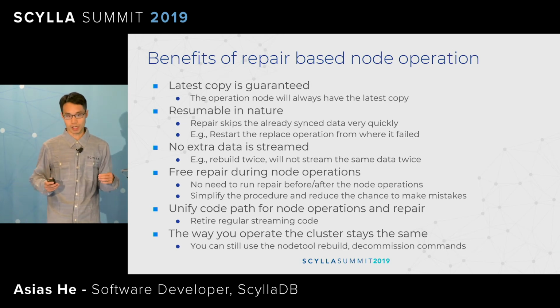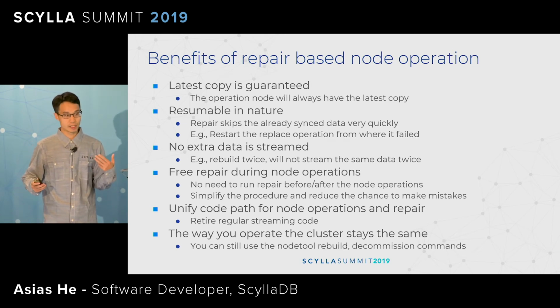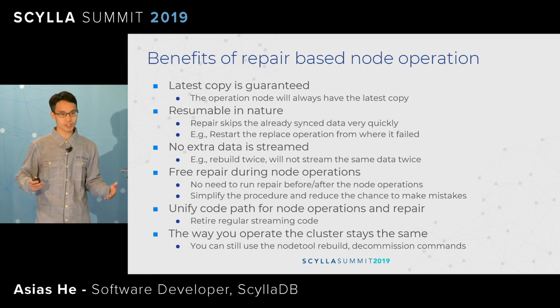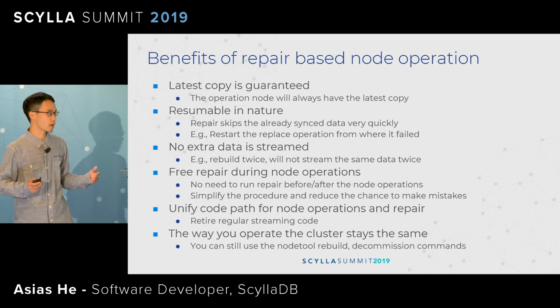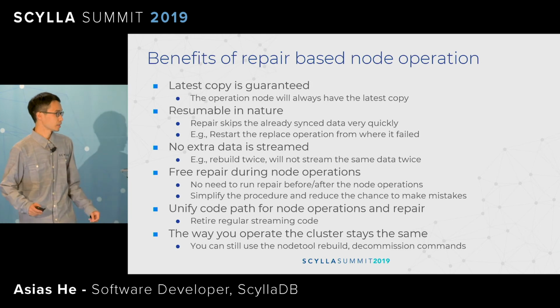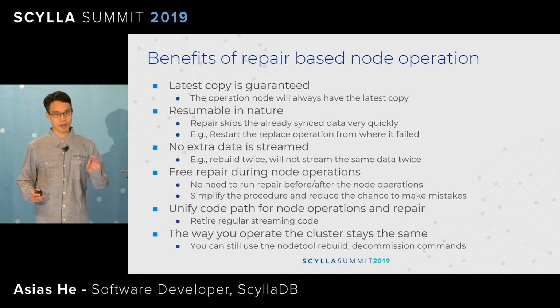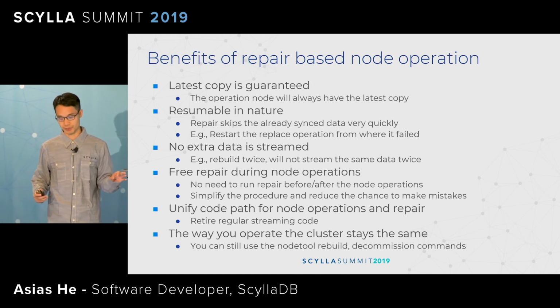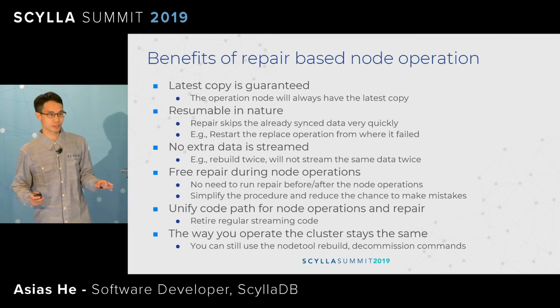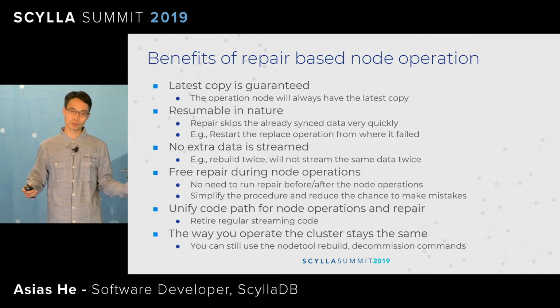For example, if you restart the failed replace operation, it can start from where it failed. Another thing is that no extra data is streamed. For instance, if you do a rebuild operation twice, it will not restream the data twice.